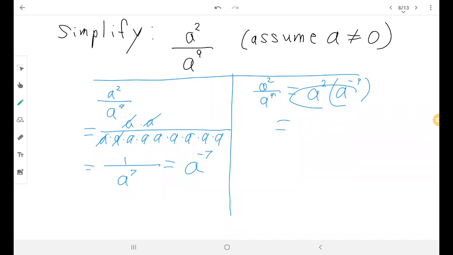And then you've got the same bases, and you're multiplying, so keep the base and add the exponents, which gives you a to the negative 7th, which you might also write as 1 over a to the 7th.